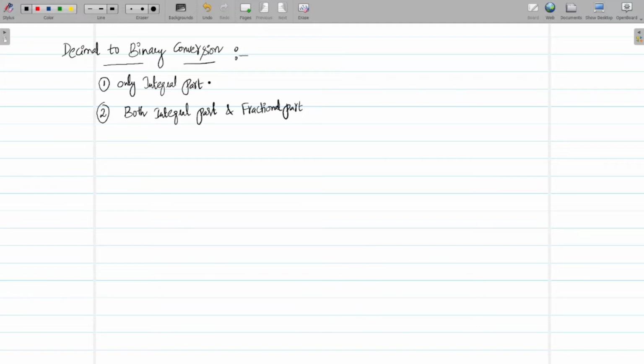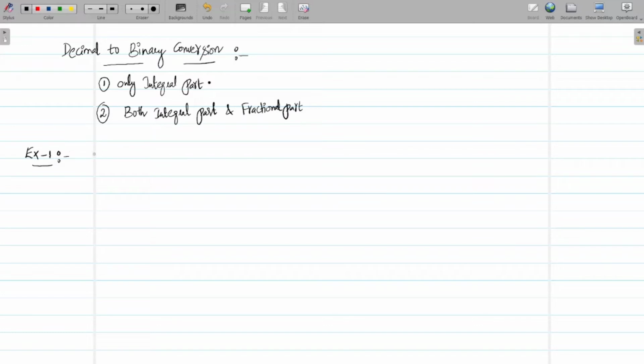That's why I want to explain this conversion by considering simple numericals. With simple numerical problems you can understand the procedure. Now let us consider the first example of conversion from decimal to binary.